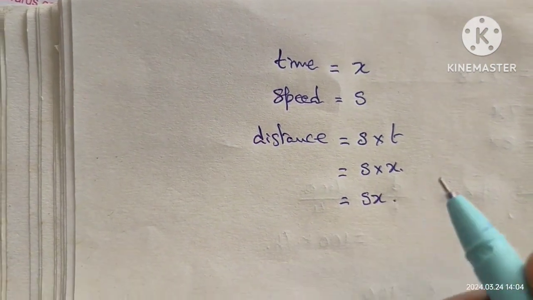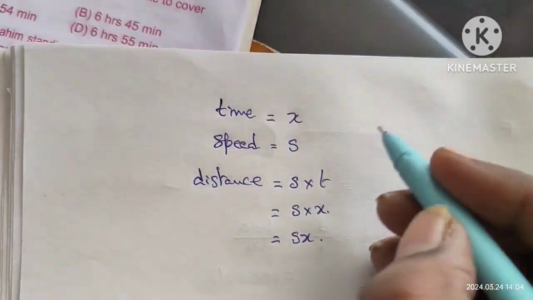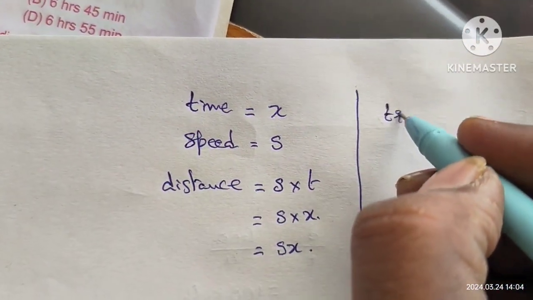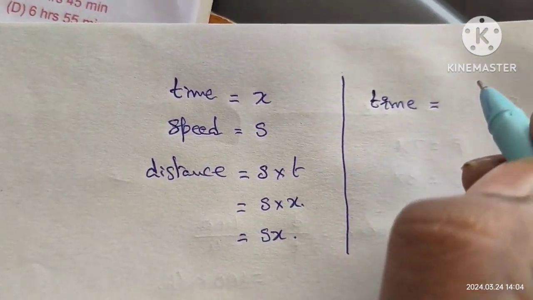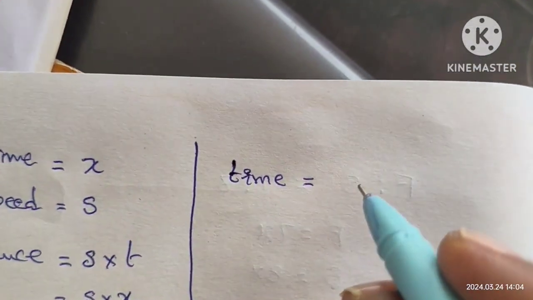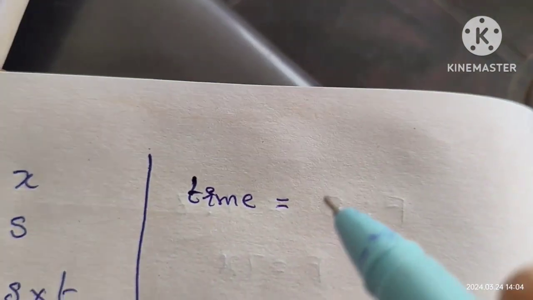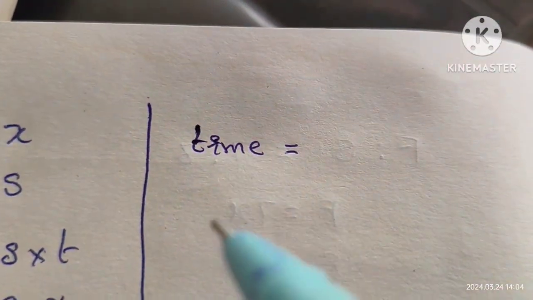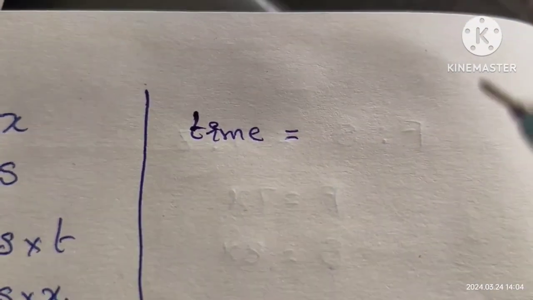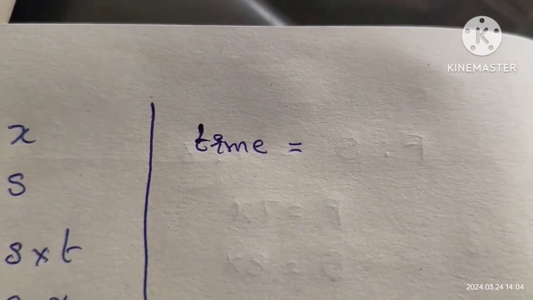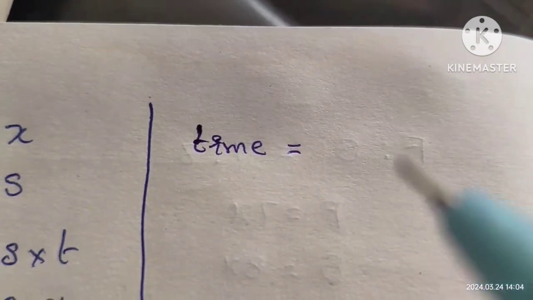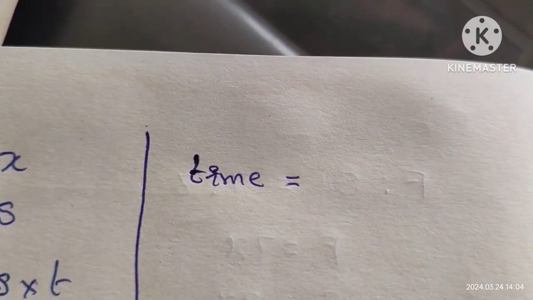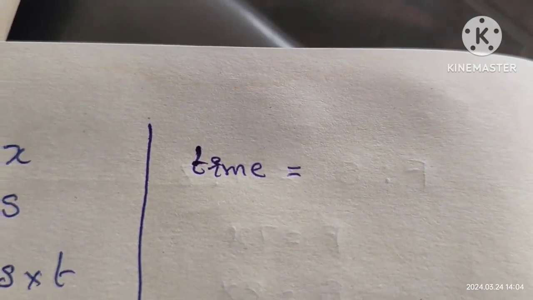Next, in the second situation, he came to his office 6 minutes late. For example, our school time is 9 o'clock. If you came 10 minutes late, you came to the school at 9:10. 10 minutes late means the time will be 10 minutes more than the actual time.